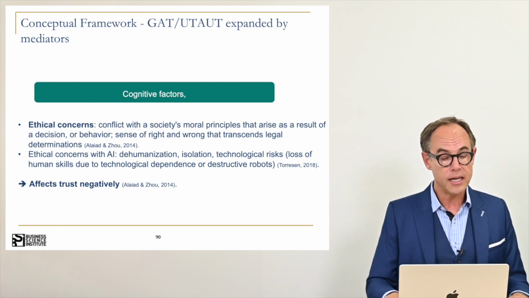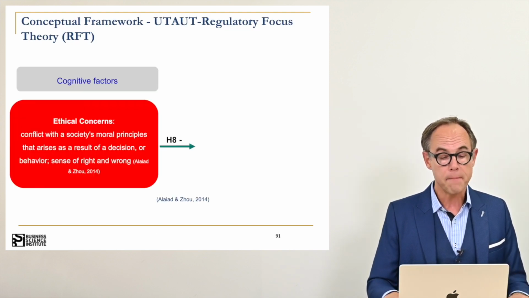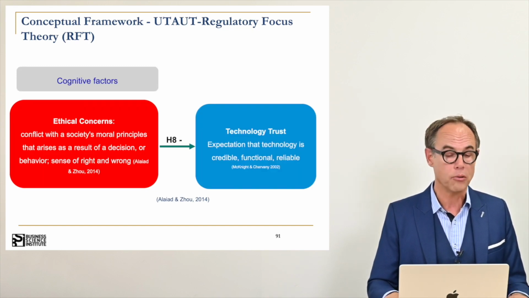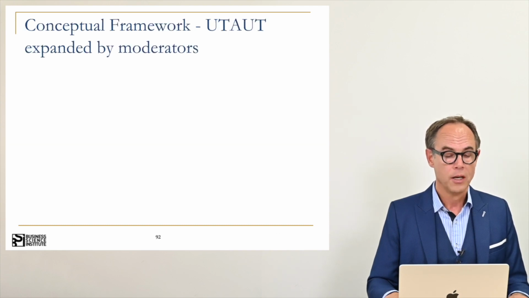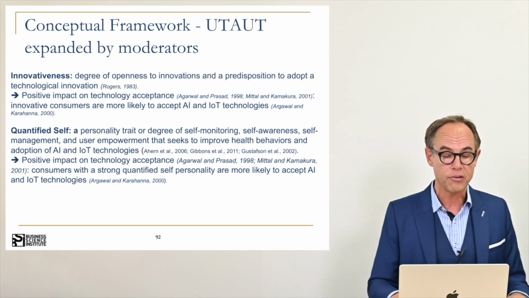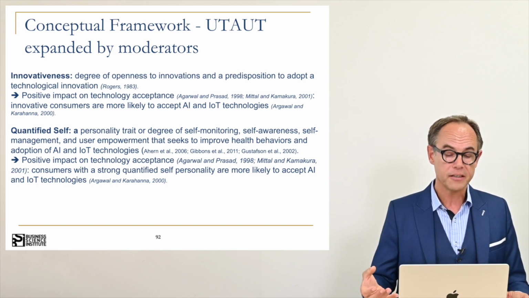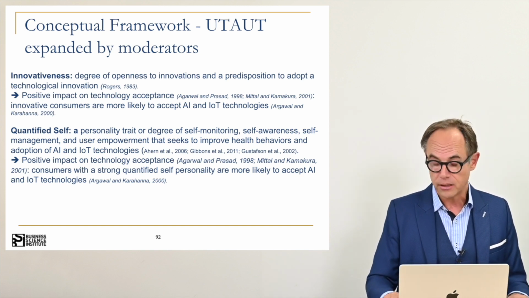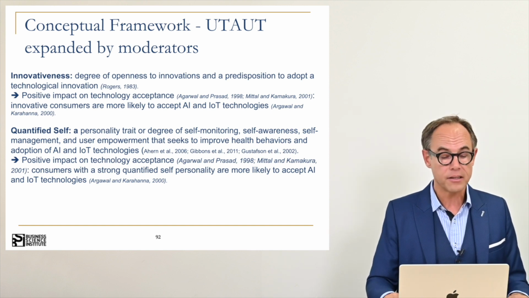And these ethical risks should negatively impact technology trust, which is again conceptualized and shown in the literature. We have some moderators: innovativeness, which is the degree of openness to innovations, and quantified self, which is a personality trait of self-monitoring, favoring the usage of IoT and technology-related products.